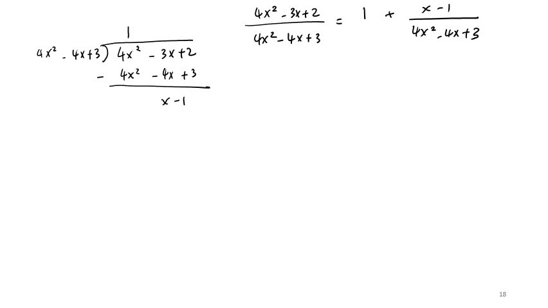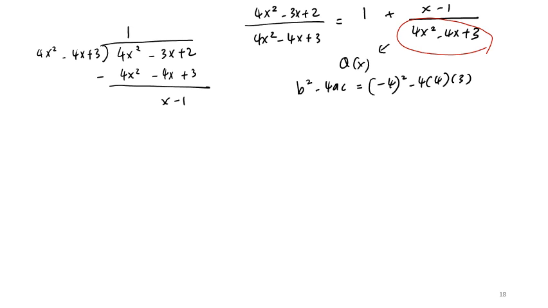Now we want to check the value of b squared minus 4ac for this Q(x). So b squared minus 4ac equals negative 4 squared minus 4 times 4 times 3. You get negative 32, which is less than 0, so you cannot easily factorize.